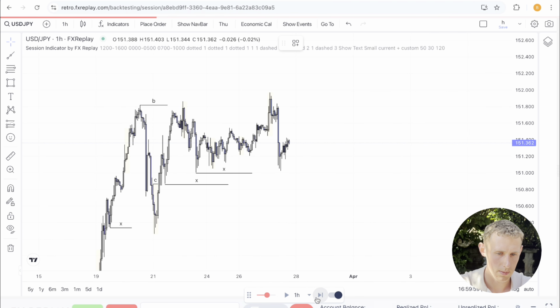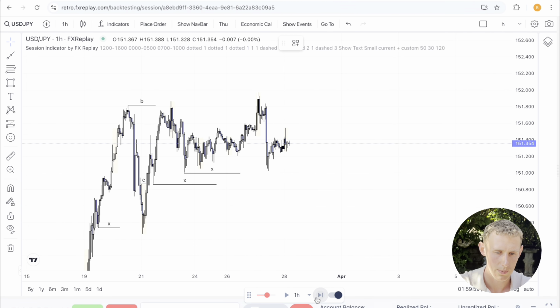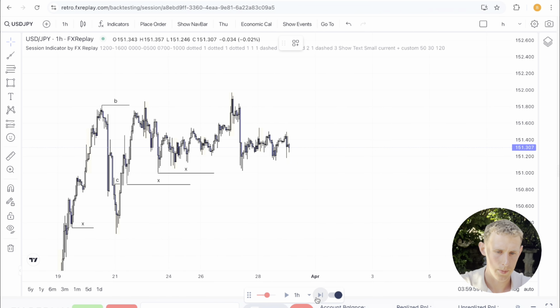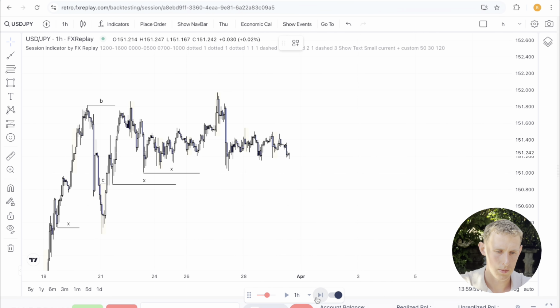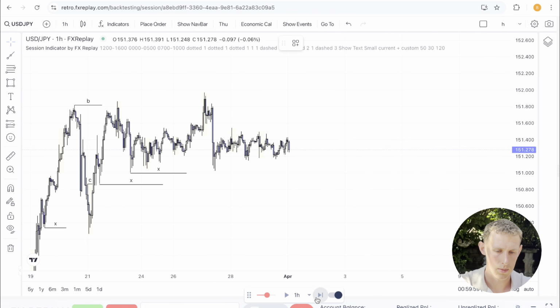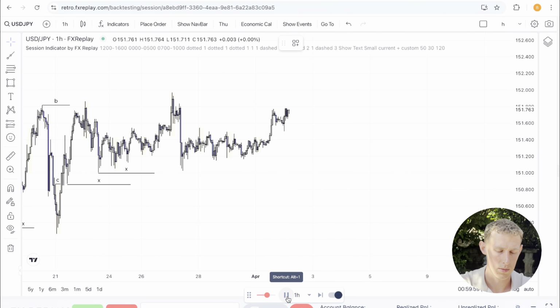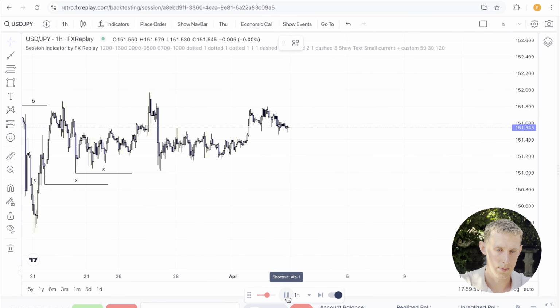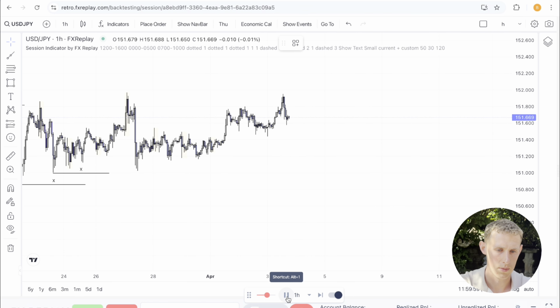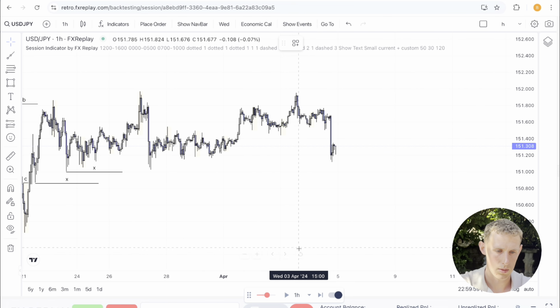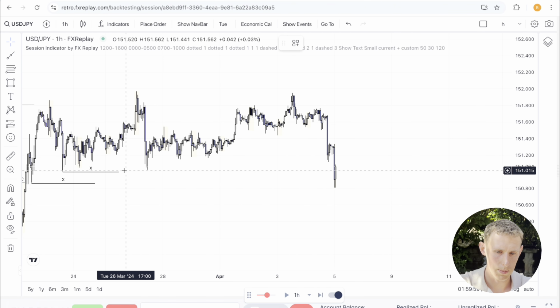It just looks very obvious that price is going to take it out. Right, there we go. So it took out both of those lows actually.